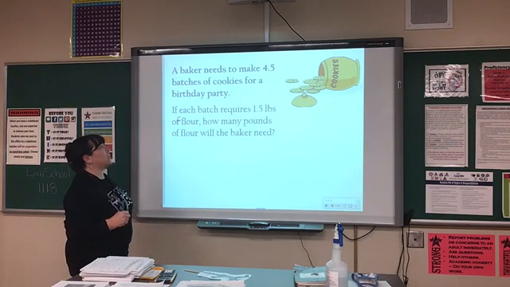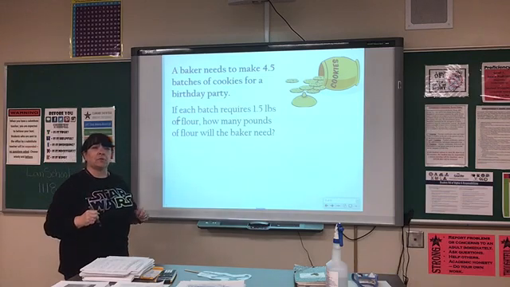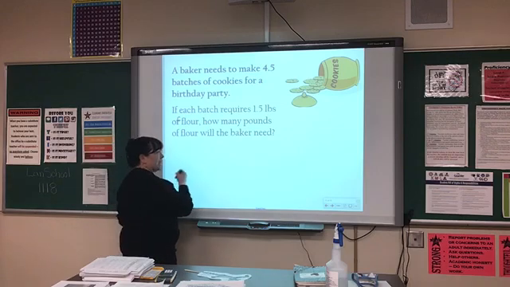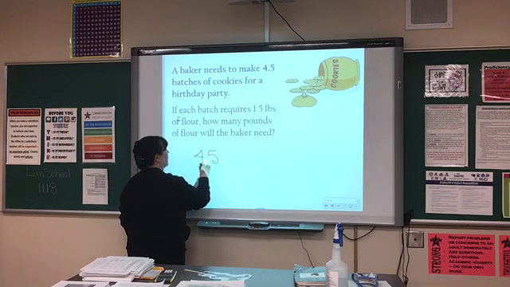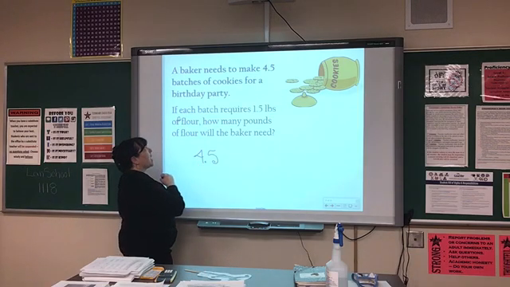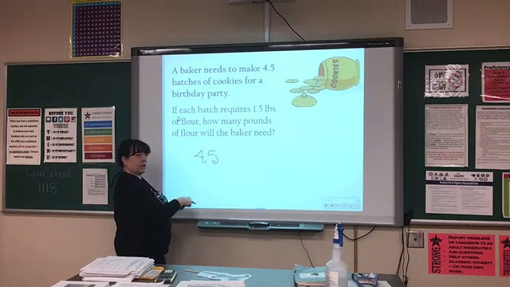All right, so we look at this and we go, well, he needs to make 4.5 batches. All right, so 4.5 batches, and each batch, so every one of these needs 1.5 pounds.